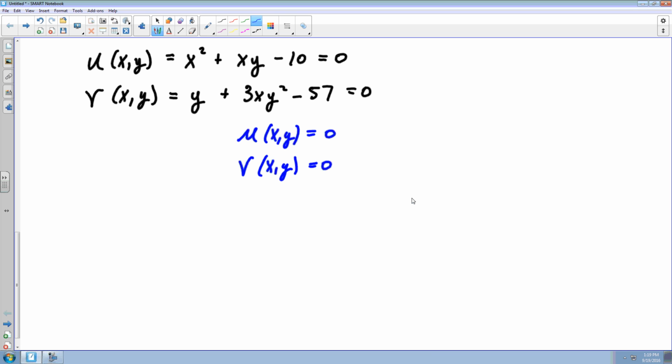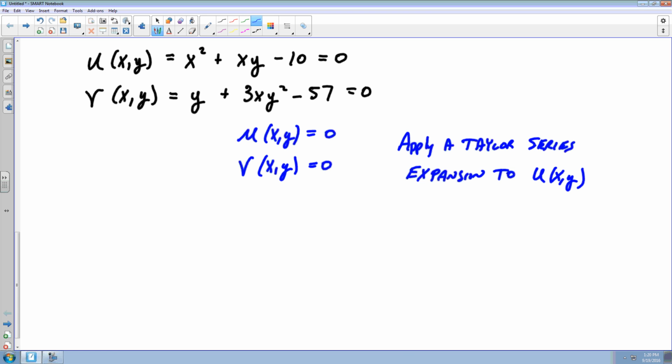And what we do is we apply a Taylor series expansion basically to the functions, to u sub xy and v sub xy. And I'm going to spare you all the details because you guys tend not to like all the details. But if you'd like, we could go through the details. But basically what happens, let me just tell you this. I'll give you the background.